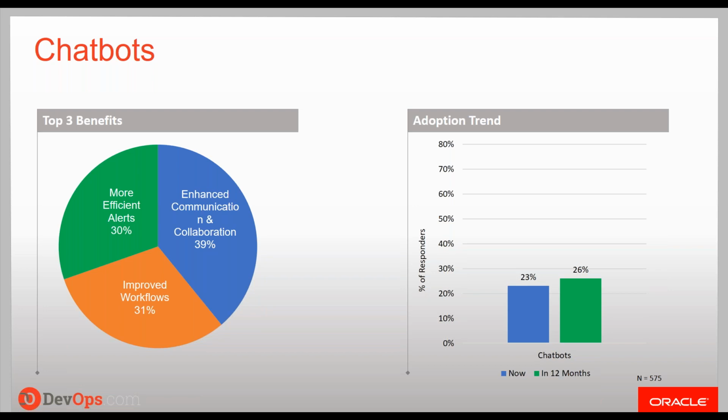Chatbots, ChatOps. The IT industry has been looking for something to replace email forever. I don't know if we ever will, but will it become the dominant form of communication? And what's nice about it is it's both human and automation, machine interaction, or is it just today's shiny trinket? Ashish?